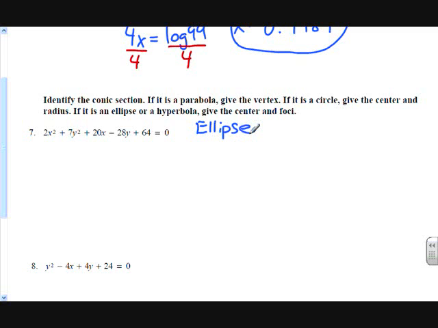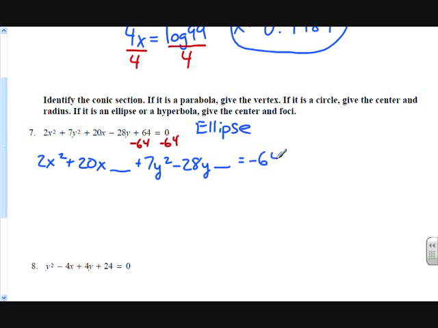And now to find the center of this ellipse, I just have to put it in our standard form for the ellipse. So I've got to complete the square twice. So the first thing I do is subtract the 64 from each side. Because here I'm creating space, I'm going to reorganize everything. So I've got 2x squared plus 20x, little space, plus 7y squared minus 28y with a little bit of space equals the negative 64.